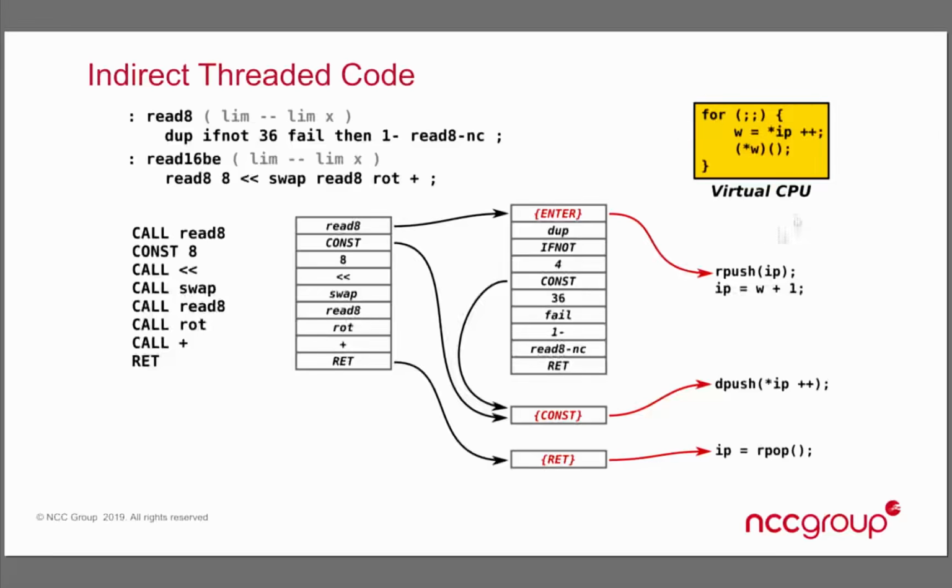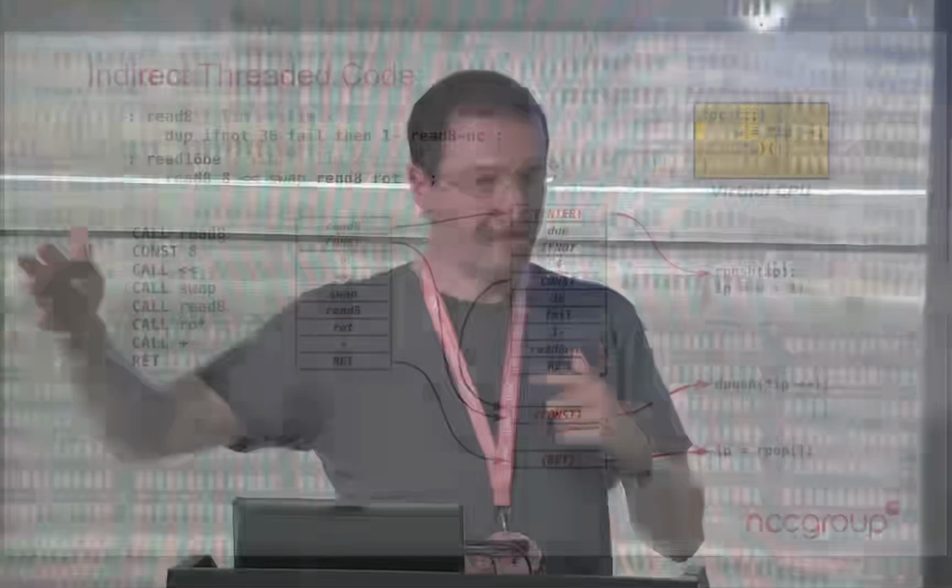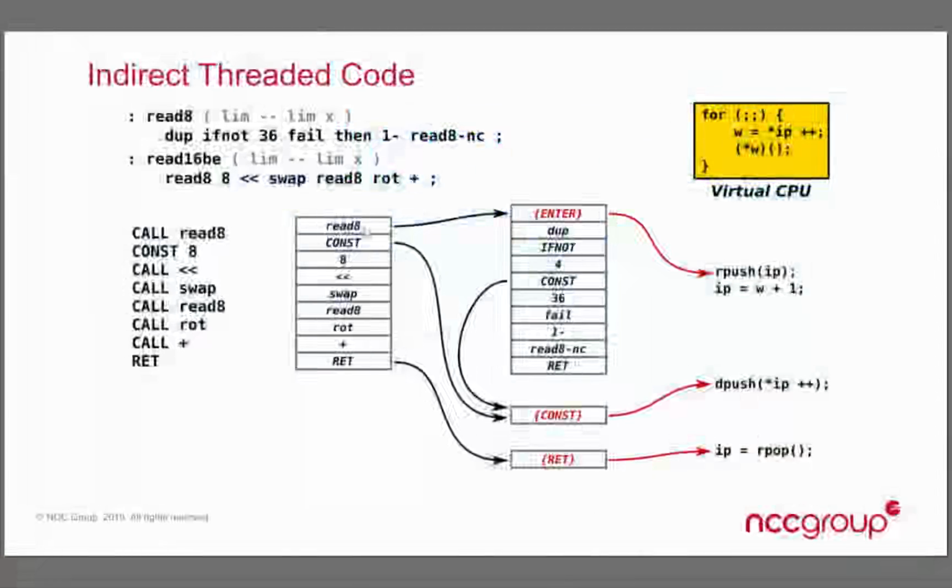So from the C point of view, you're not accumulating function calls. It's flat. It does not allocate stack space. Now for a normal function which is itself interpreted, it does the exact same thing. So when it reaches read8, it sees a pointer to that structure, and the first field of that structure is a pointer to code.